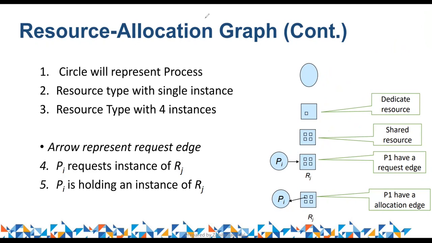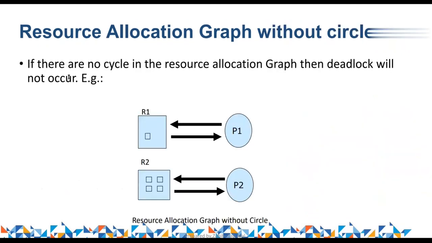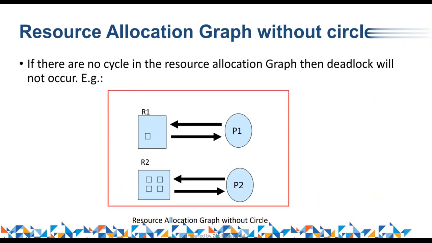So this was the resource allocation graph. And let me draw a resource allocation graph with deadlock or without deadlock, okay? Resource allocation graph without a cycle. So dear students, this is a resource allocation graph without a cycle. I don't have any cycle here. You have to focus. This is my system. Inside the system, I have two processes, P1 and P2, and two resources, R1 and R2, okay?